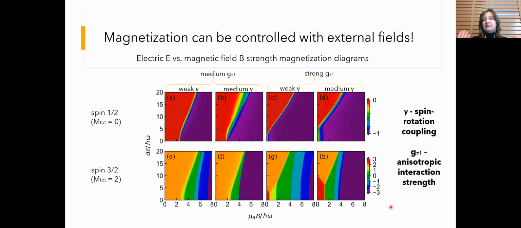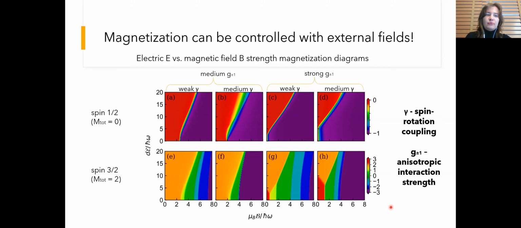Okay, and so I keep talking about spin rotation coupling and the anisotropic interaction strength. We identified them as the most interesting and important molecular properties in the system. But finding their values isn't something we know well how to do. Spin rotation coupling is not easy to calculate theoretically, and neither is the anisotropic interaction strength.